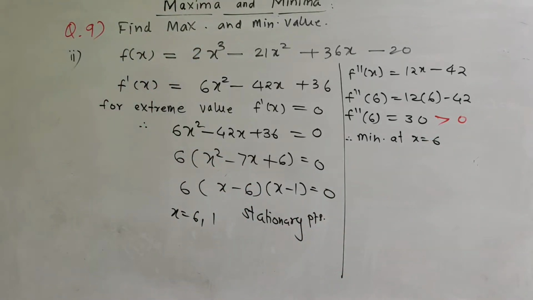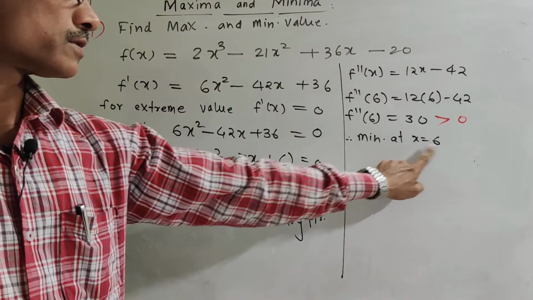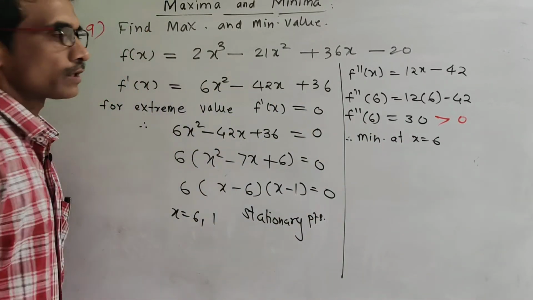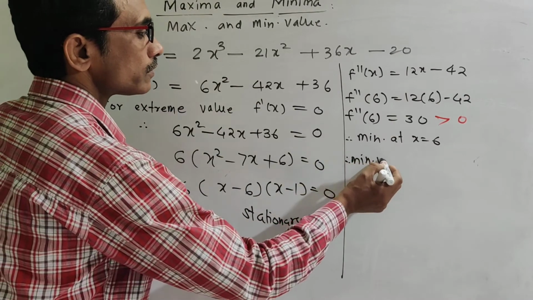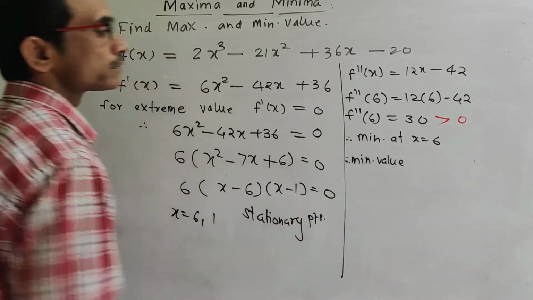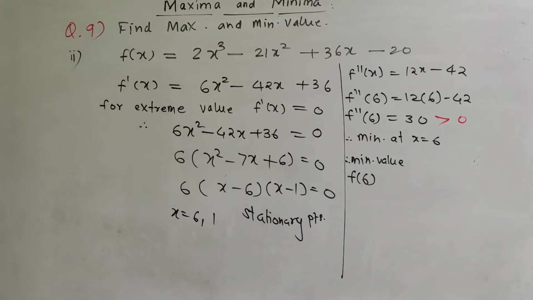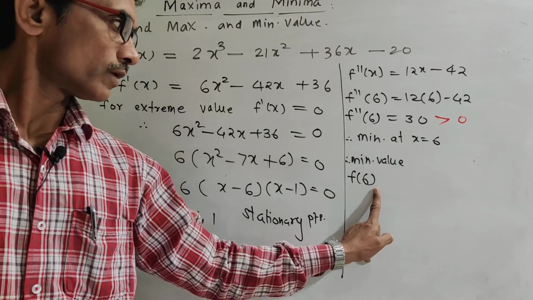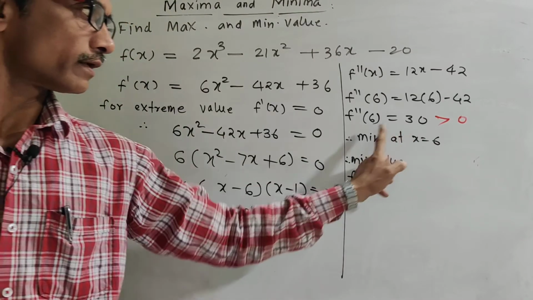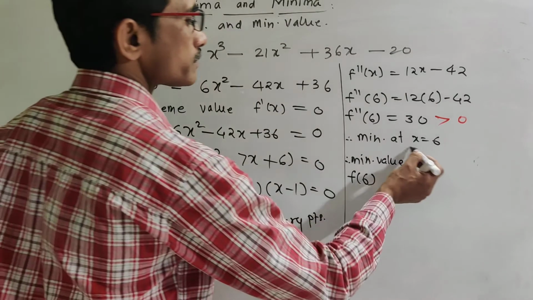And we find the minimum value. So you will get the minimum value at x is equal to 6 of this function. So therefore the minimum value of the function is what? It is at 6. That means f of 6. Here the minimum value is f of 6, because you are getting the minimum value at x is equal to 6.